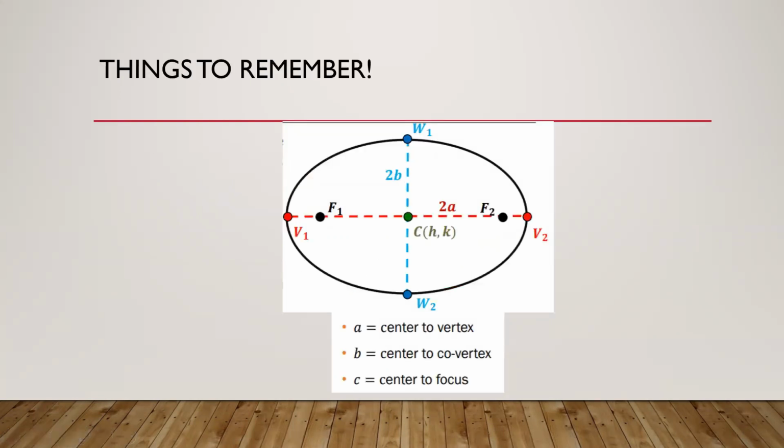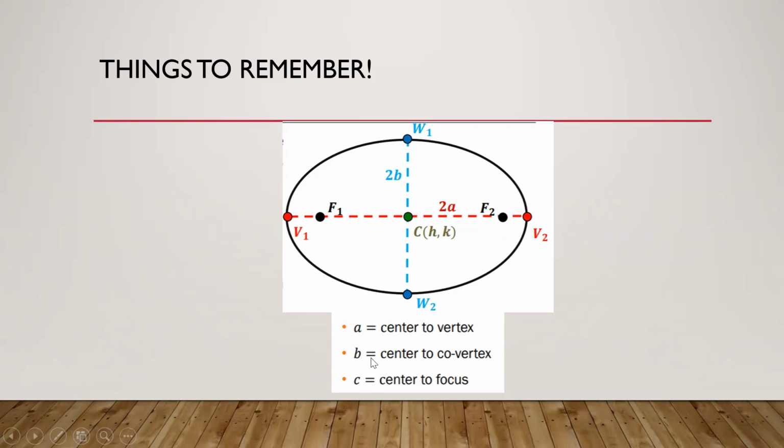Things to remember. So firstly, our A is the distance from the center to a vertex. So our A is from here, the center, to a vertex. So that means from here to here is also our A, because this point is also our vertex.